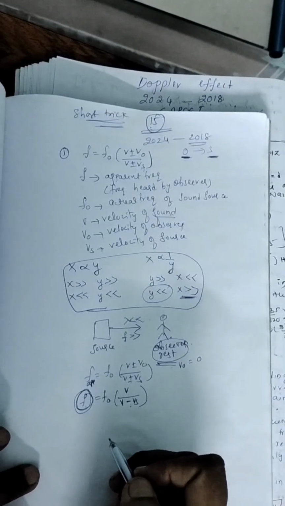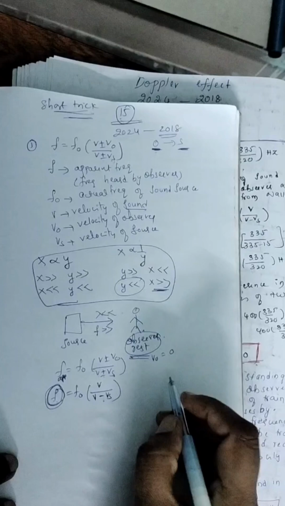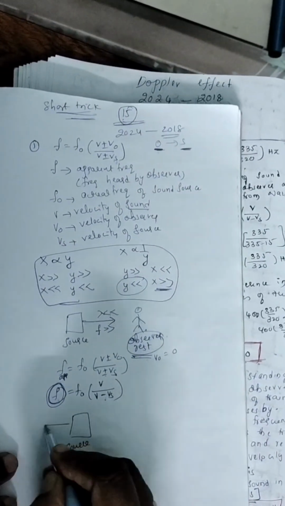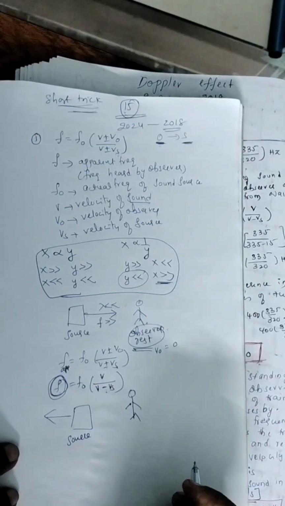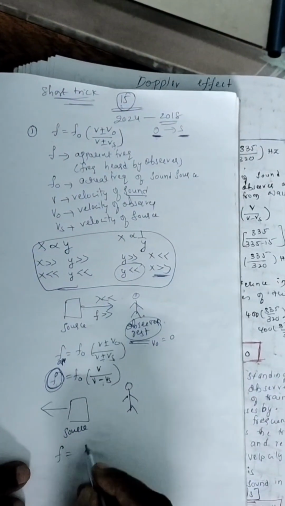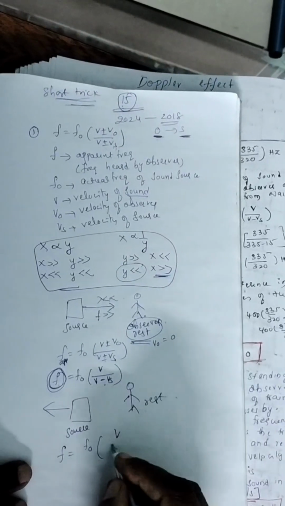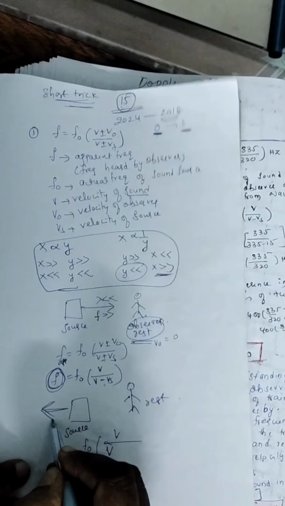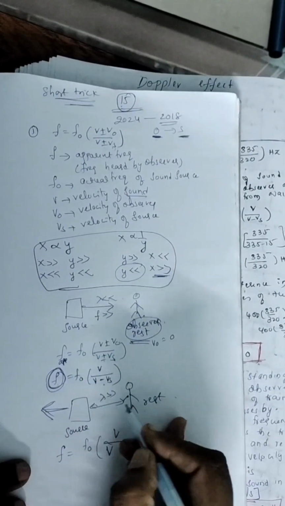Now next, for example, the source is moving away from the stationary observer. The observer, as usual, is at rest. The source is moving away from the observer, which means the wavelength is increasing.